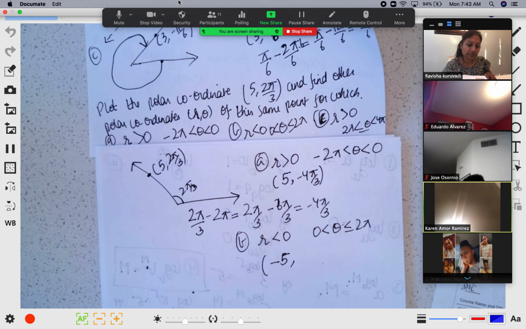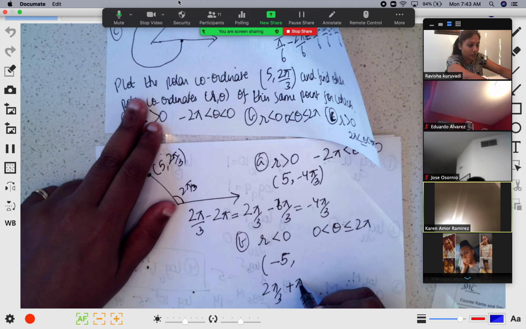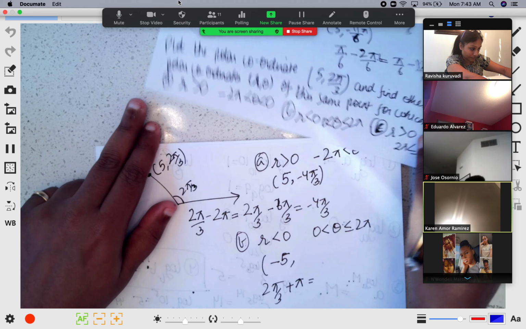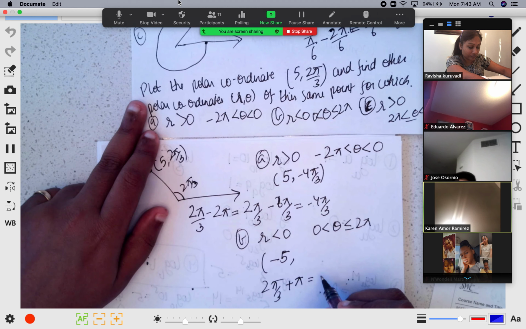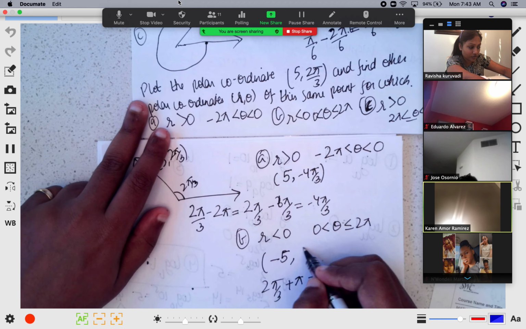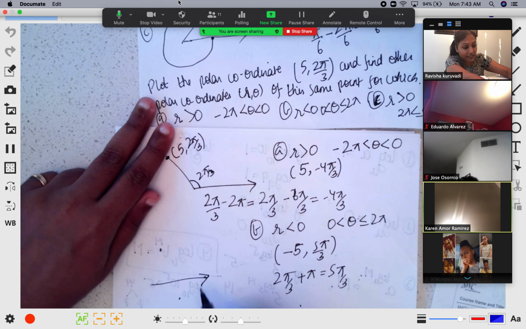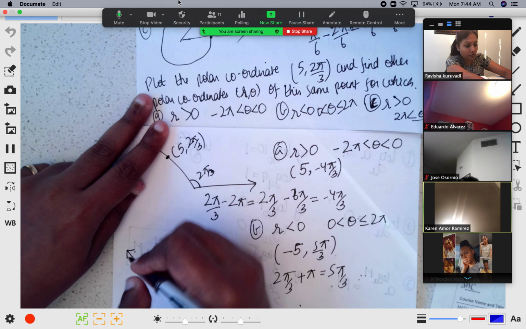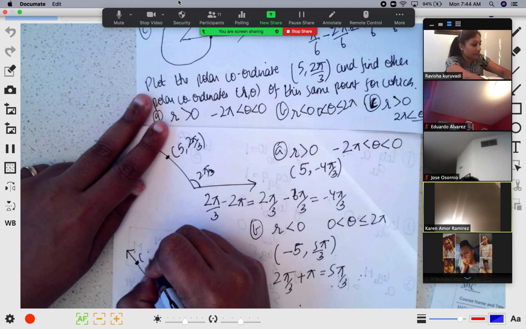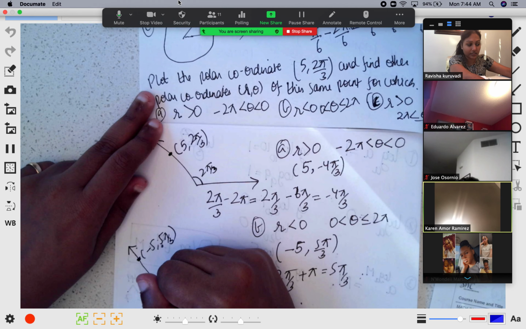You add pi to 2 pi over 3, which comes out to 5 pi over 3, correct. When you graph this, you still get this same point, but now it's negative 5 at 5 pi over 3, so technically it's a dotted line like this.